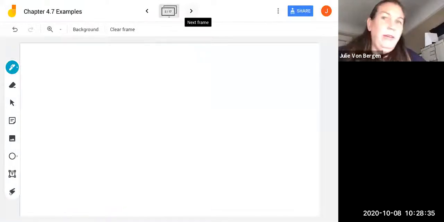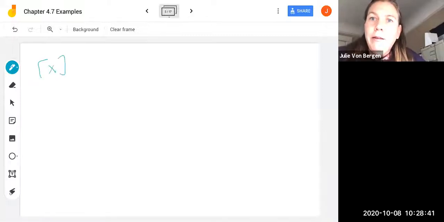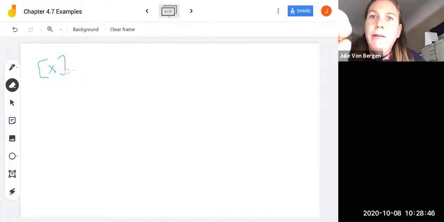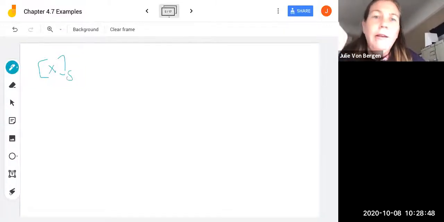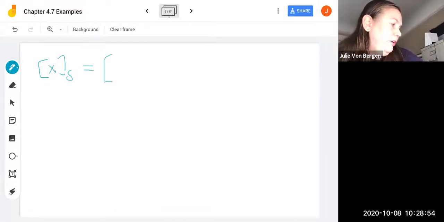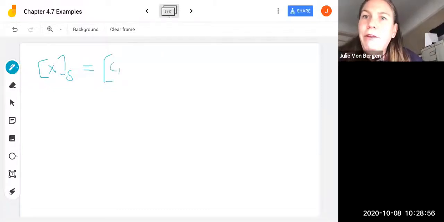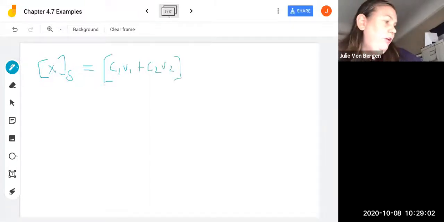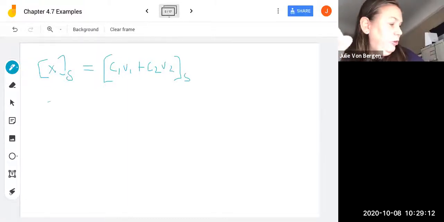So let's break down our steps from the last example. Our X column matrix sub S is this vector. You can think about it as the constants C1 V1 plus C2 V2, where the V's are the vectors from our original basis, so it's the S here. And then we want to transition them to the next basis, the basis that we're changing to.